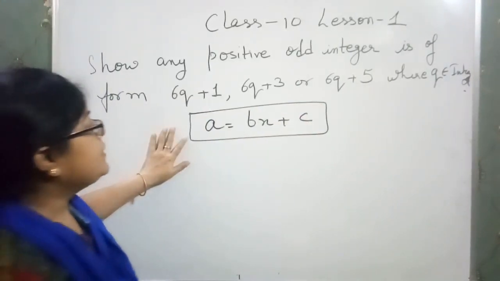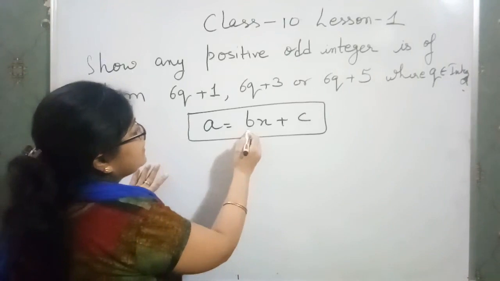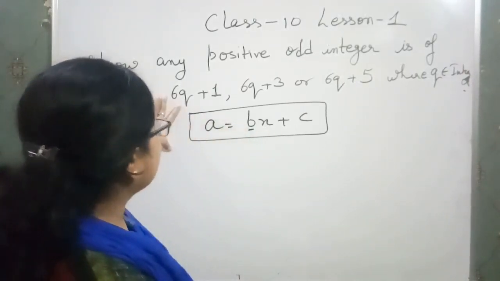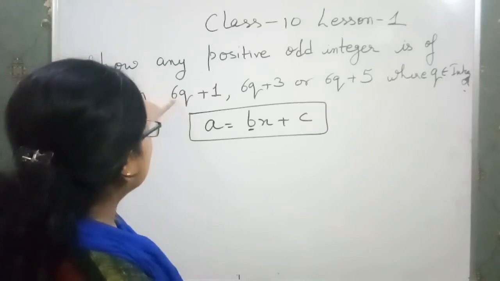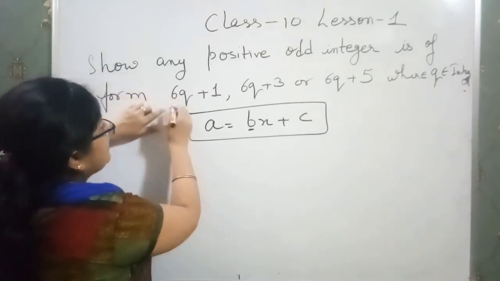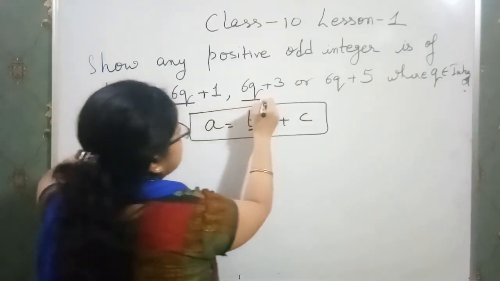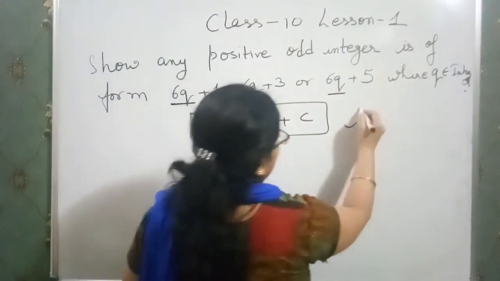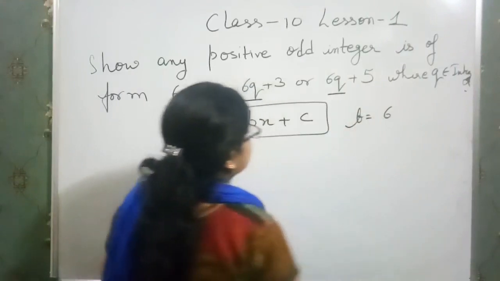Now, here we put b as 6, because it is given 6q plus 1, 6q plus 3, 6q plus 5. We take the value of b as 6.